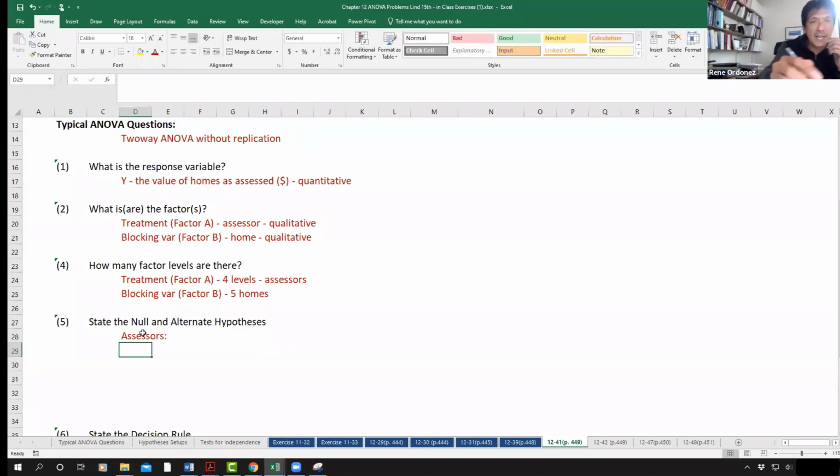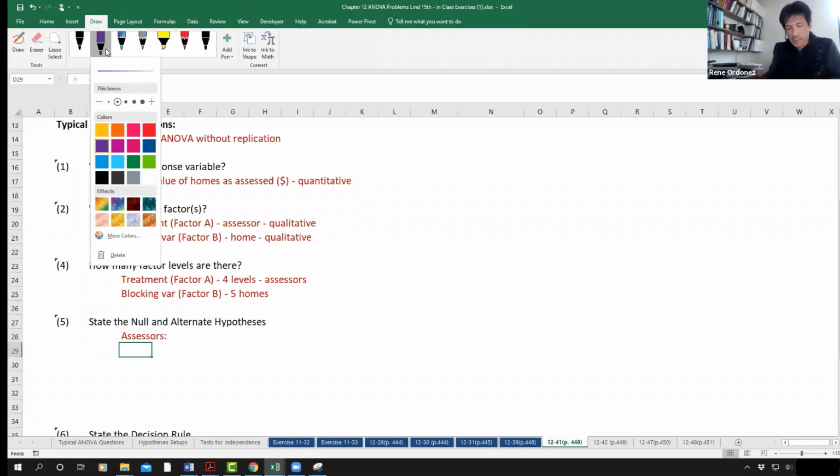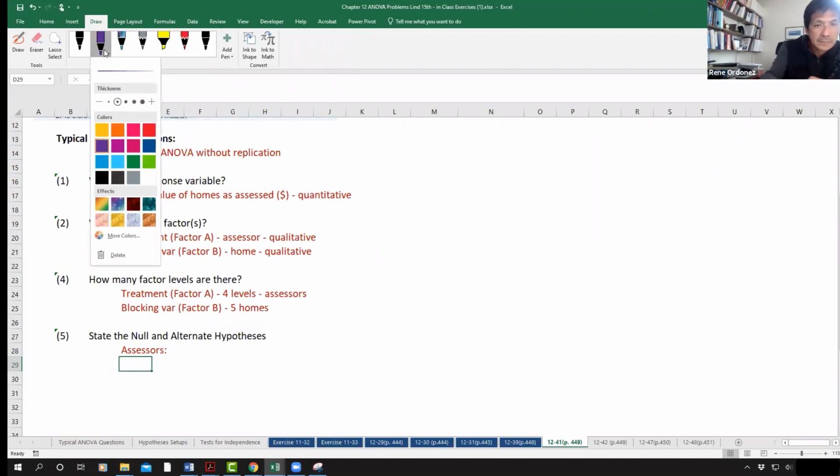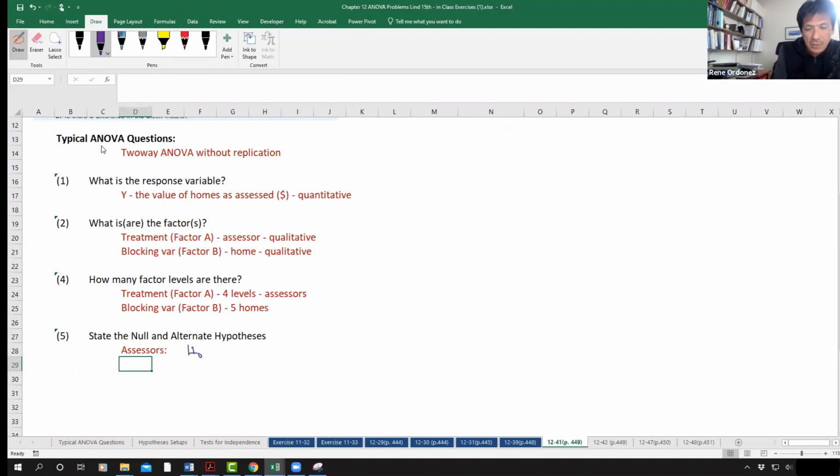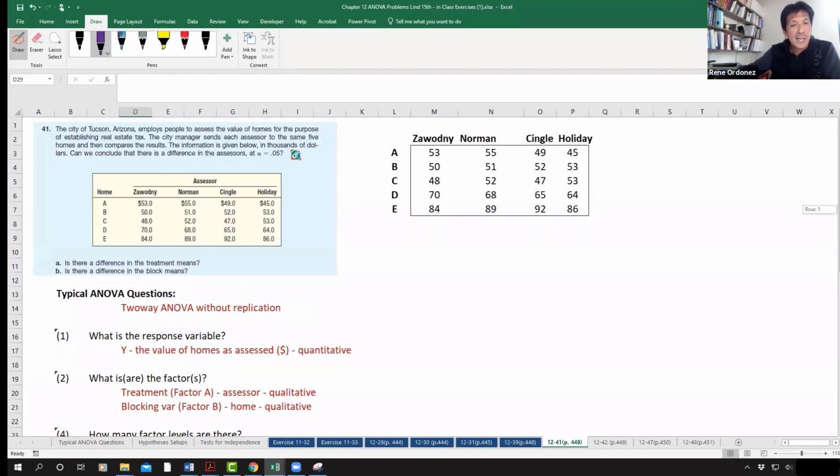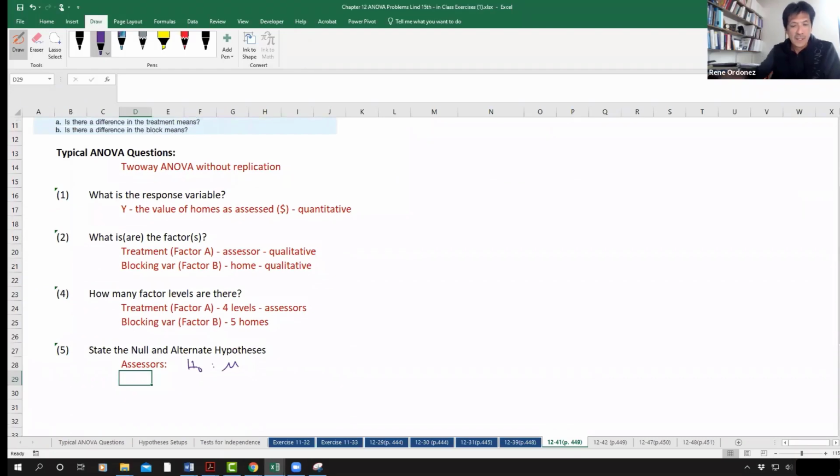The null hypothesis would state that H0: we'll just denote the assessors by letters instead of spelling out the names, so Z, C, and H. The mean for Z is equal to the mean of C and the mean of H. Obviously, if they are assessing the same home, we would want the same assessment, right?